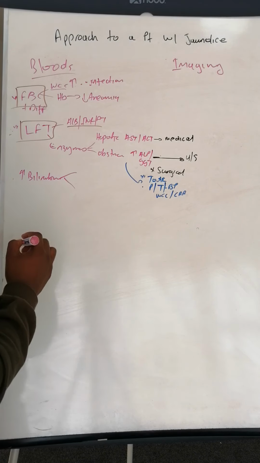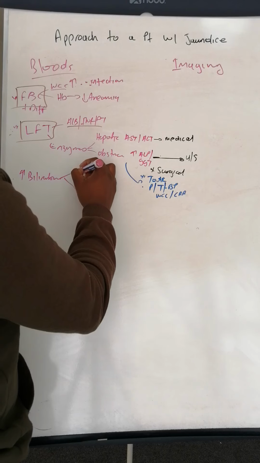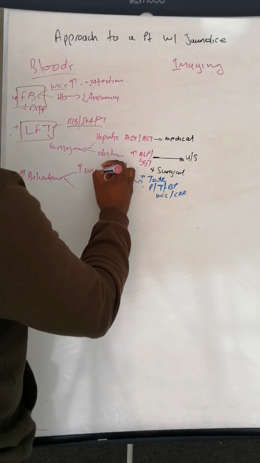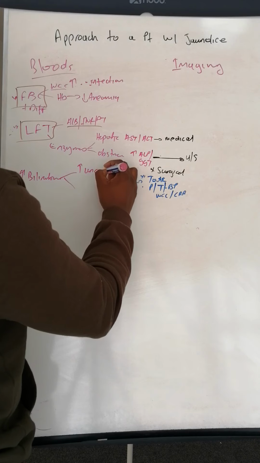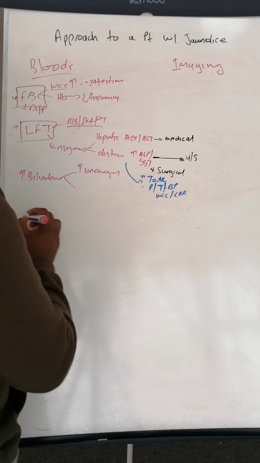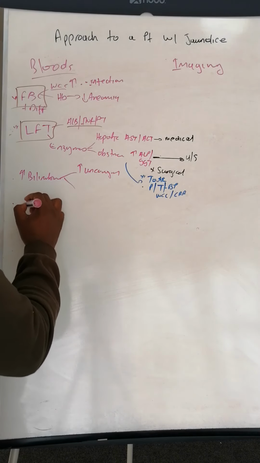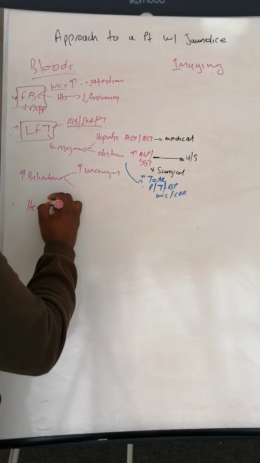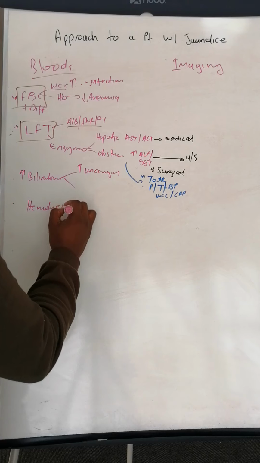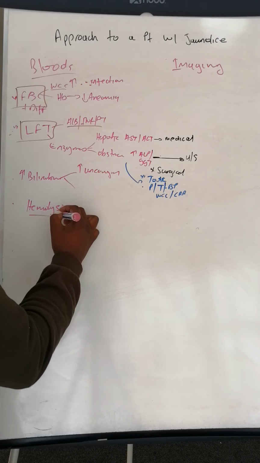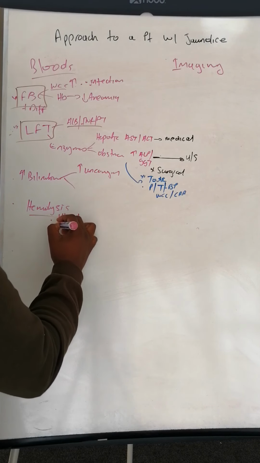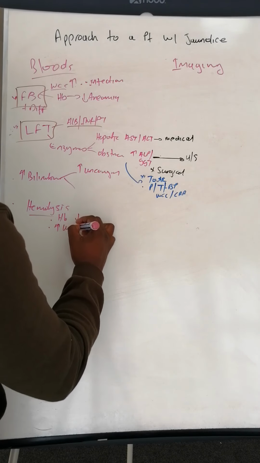Tests that you can do to check for hemolysis, there are a lot of them. Obviously, we said HB low. Number 2, increased unconjugated bilirubin.